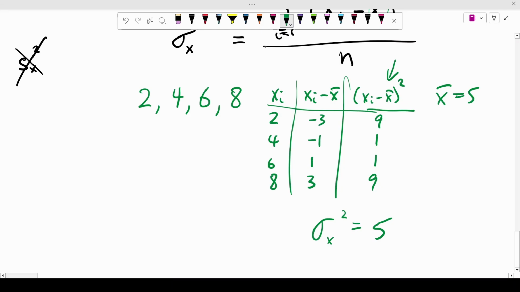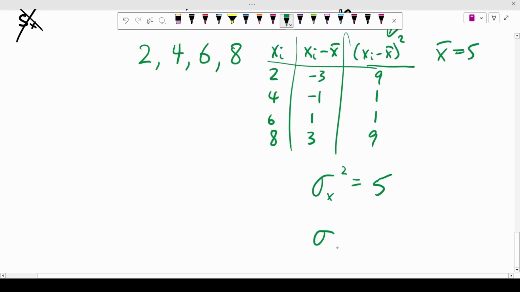Now, it's just a coincidence that in this case, the variance actually equaled the mean. But there it is. And then the standard deviation would be the square root of the variance. Square root of 5, whatever it is, 2.2, I think. My calculator is very slow today, which is kind of strange.